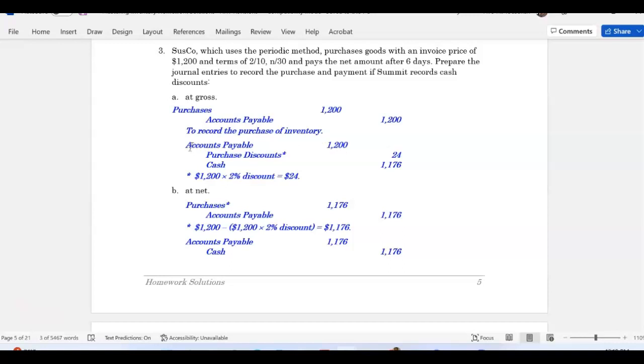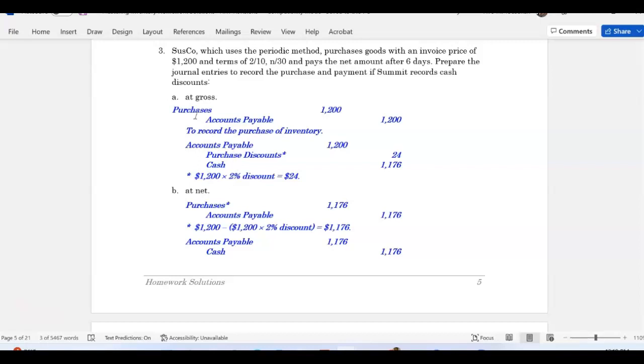However, at the time of payment, the accounts payable will be completely closed, but purchase discount will be recognized for $24. That's saving. And we pay only $1,176. So the $24 is the 2% discount that we saved. So in this situation, what is the net purchase?